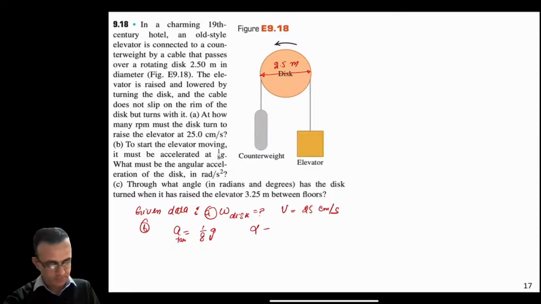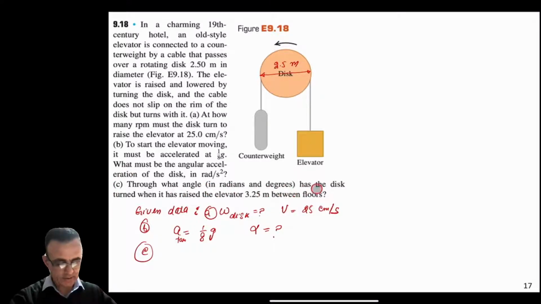So alpha is unknown. And in part C, through what angle in radian and degrees has the disk turned when it has raised the elevator 3.25 meter between the floors? So in this case, you need to calculate theta when s is equal to 3.25.